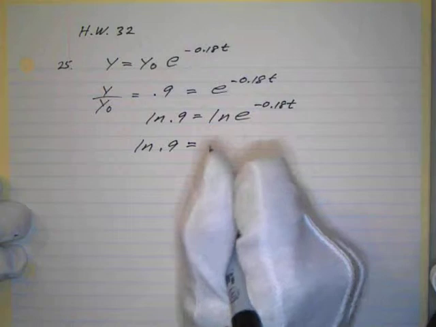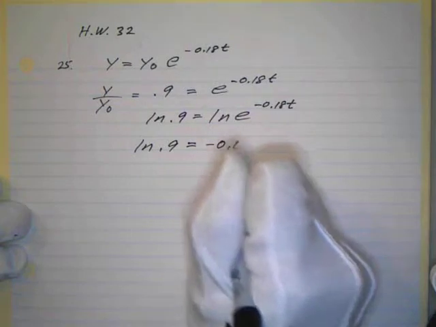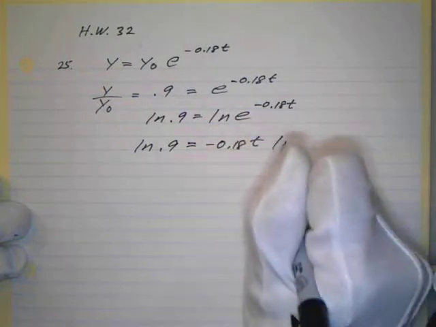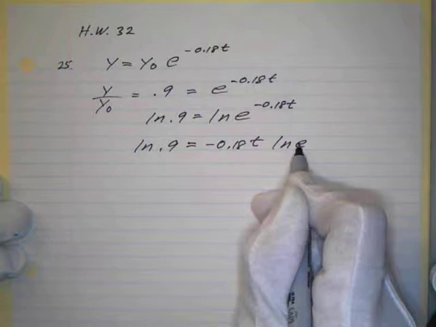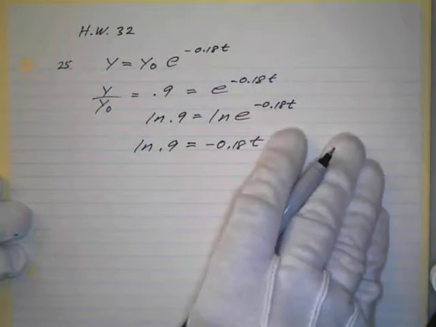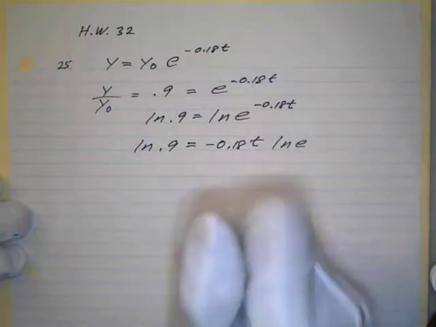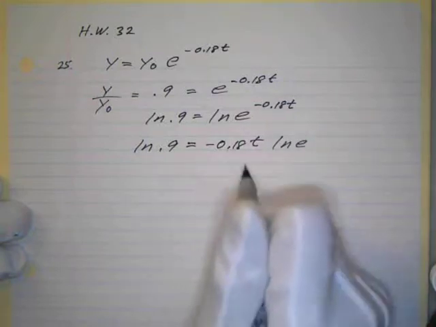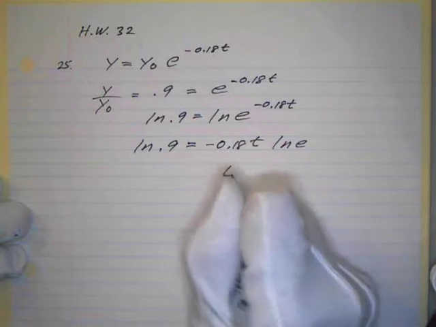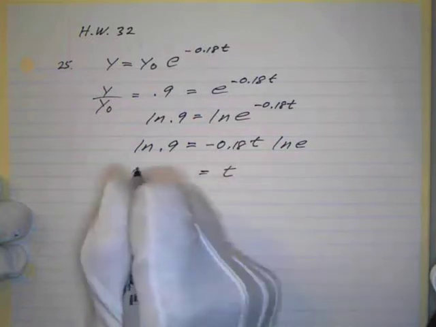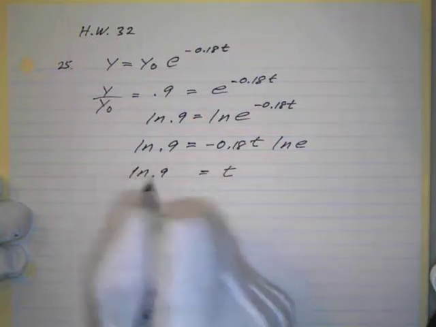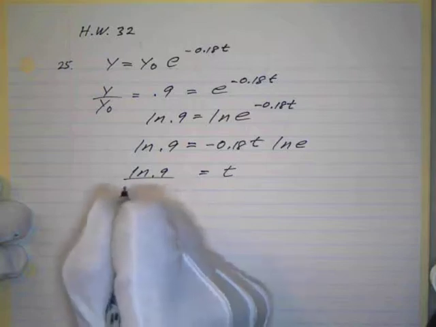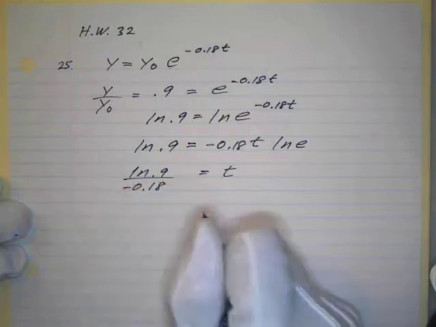So that equals negative 0.18 t times the natural log of e, which is just 1. So that goes away, and then I just divide both sides by negative 0.18. So t equals the natural log of 0.9 divided by negative 0.18.